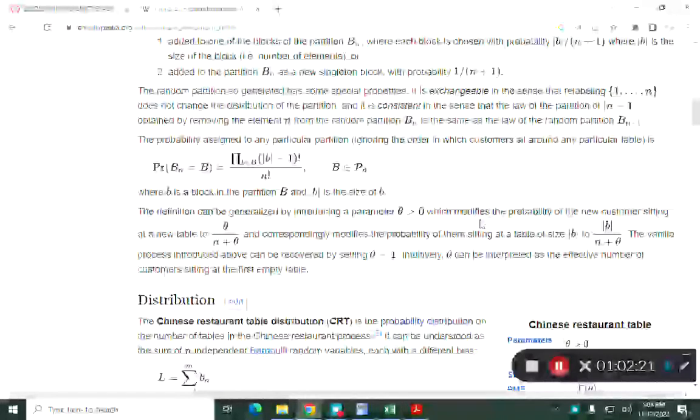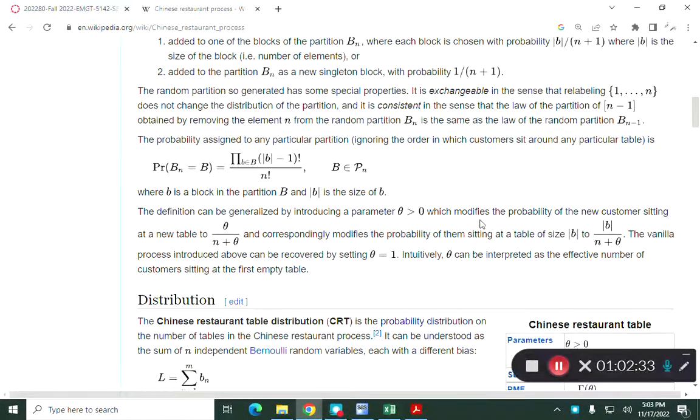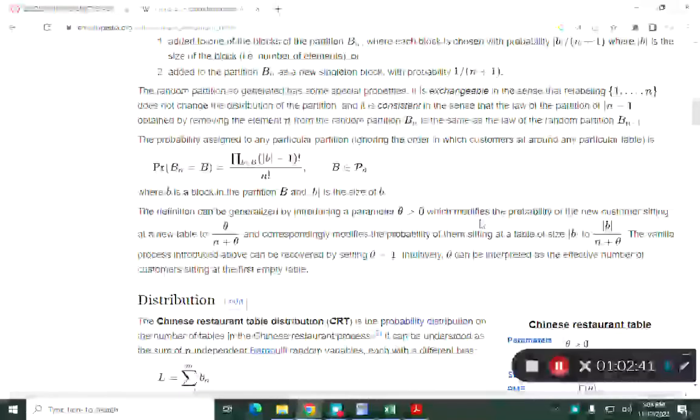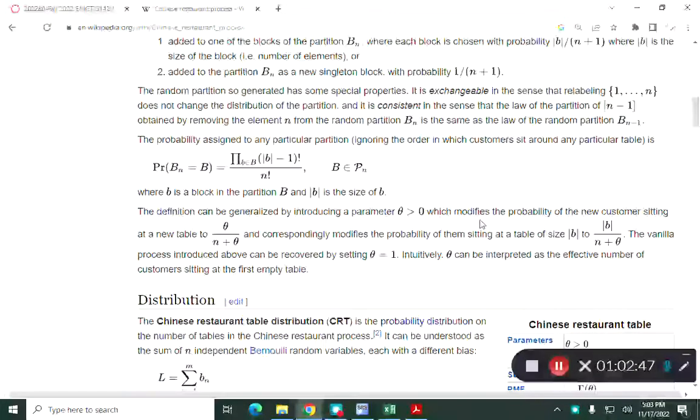And if you eat, you can pick any table to join. Unless your food selection, your preference, is so different from others, then you can start a new table. And from a restaurant's operation standpoint, you want to have as few tables as possible.